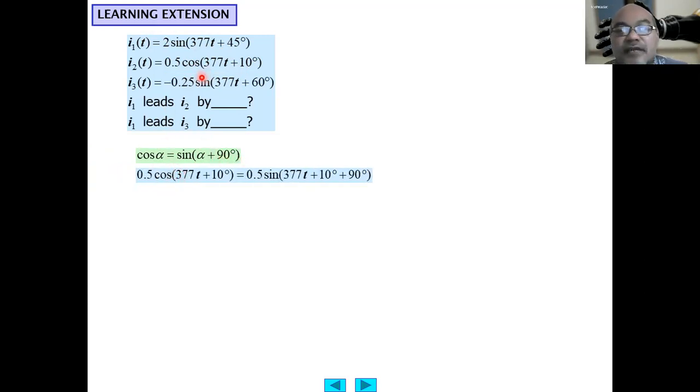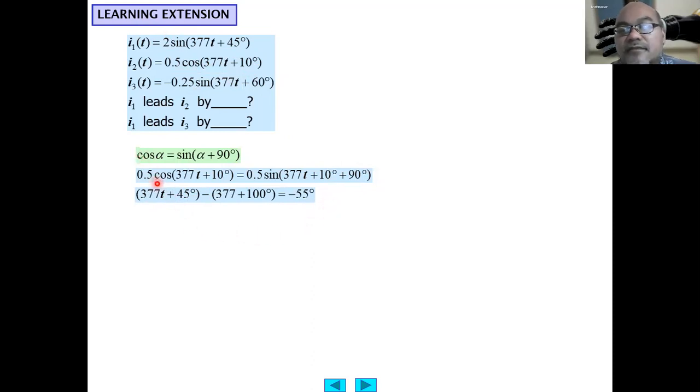So we can change I2(t), 0.5 cosine 377t plus 10 degrees, as 0.5 sine 377t plus 10 plus 90 degrees. So this equals plus 100. The phase difference between I1 and I2: 377t plus 45 minus 377t plus 100 equals minus 55 degrees.